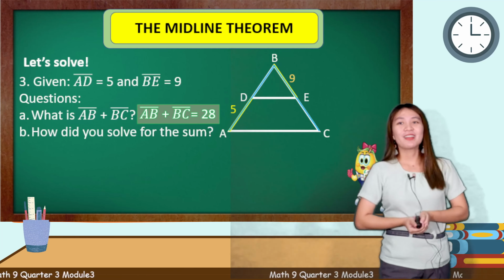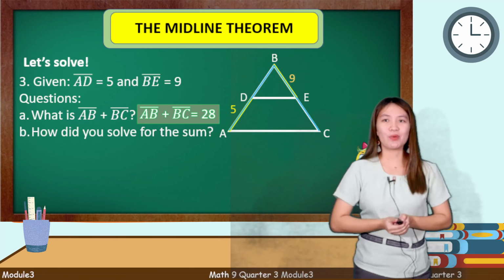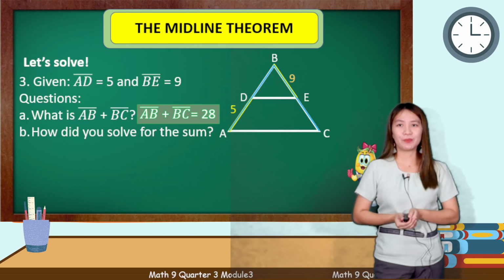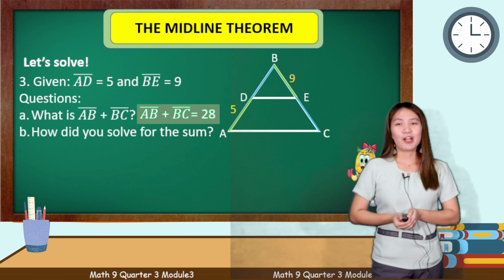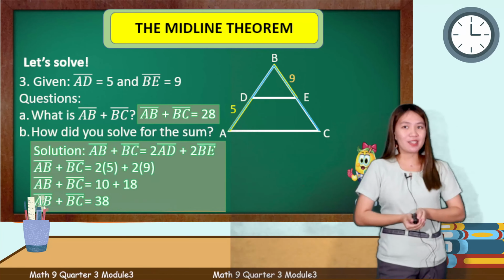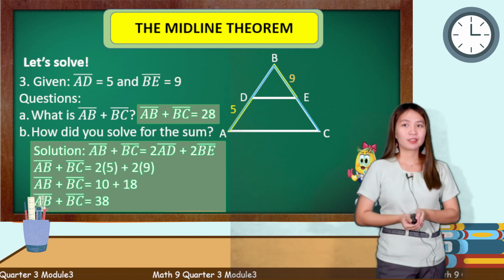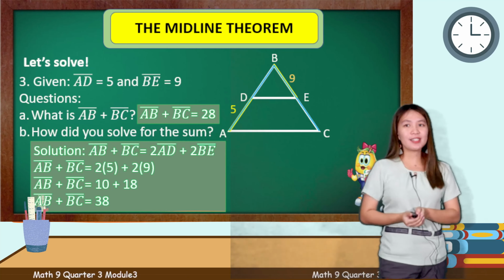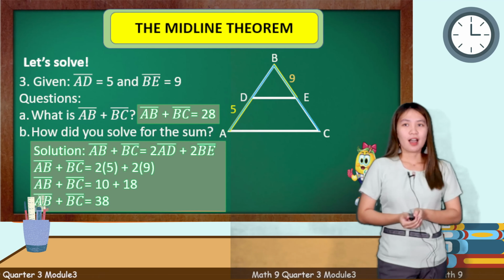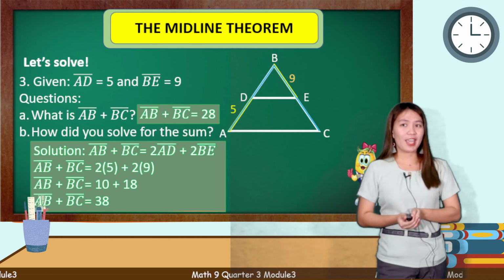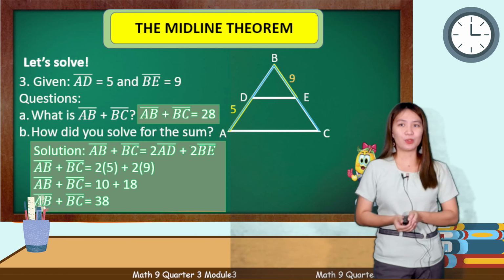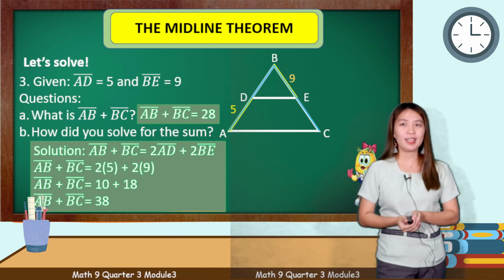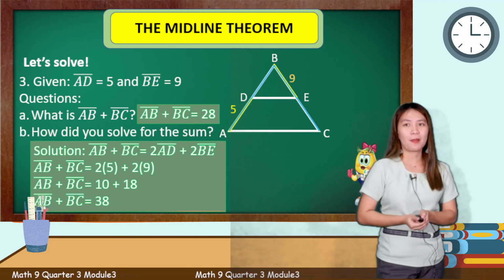Great job! So show us your solution. How did you arrive at that answer? Are your solutions the same as this one? Very good. So for this one, as you can see, the solution is segment AB plus segment BC is equal to twice the measure of segment AD and twice the measure of segment BE.